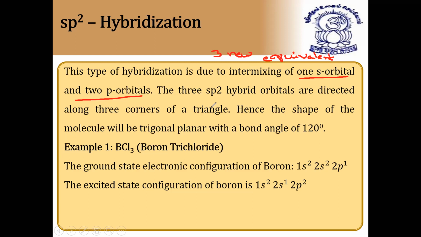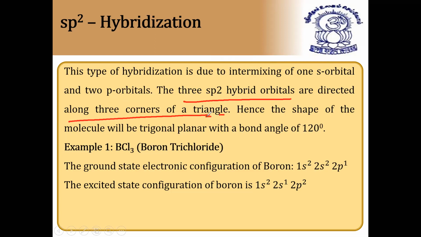Equivalent means same energy. The three sp2 hybrid orbitals are directed towards the three corners of a triangle. Hence, the shape of the molecule will be trigonal planar with a bond angle of 120 degrees.